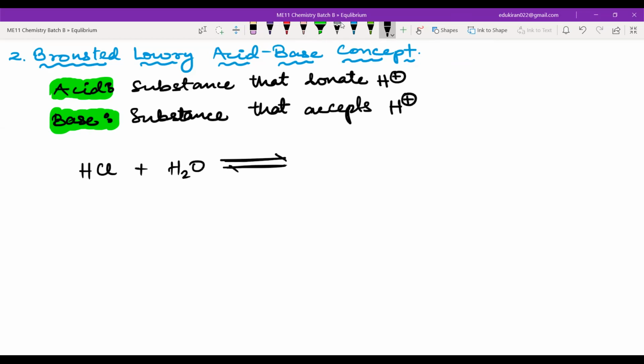It is going to give me H3O positive plus Cl negative.